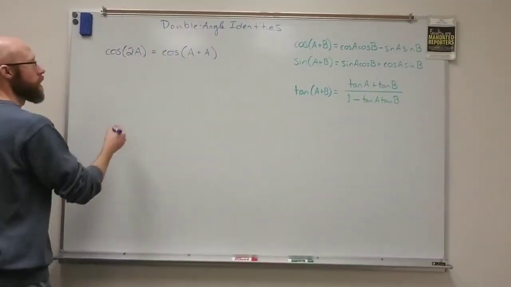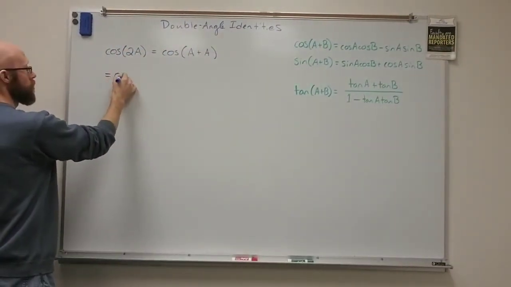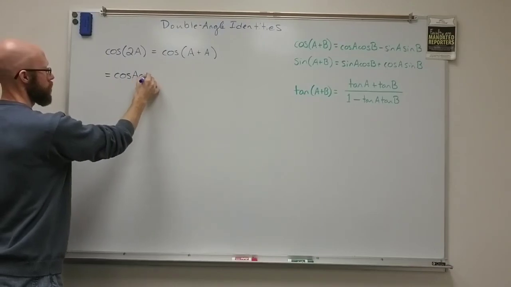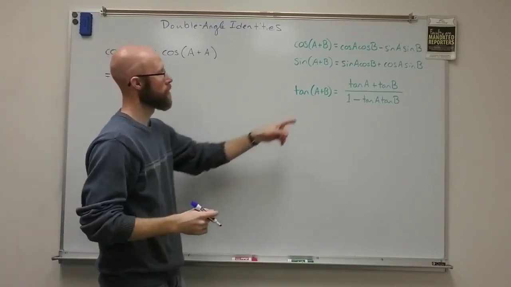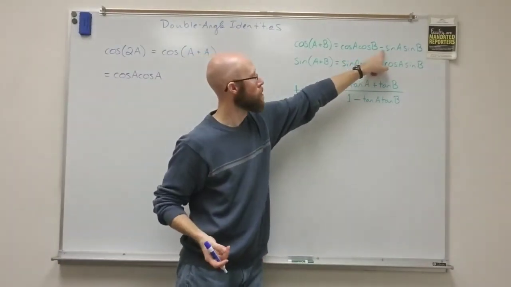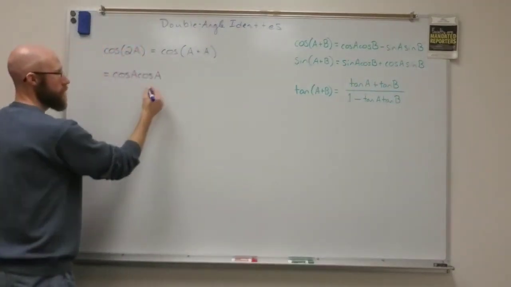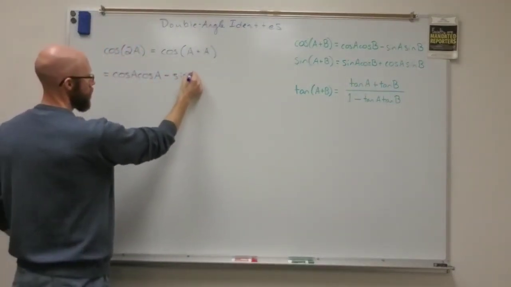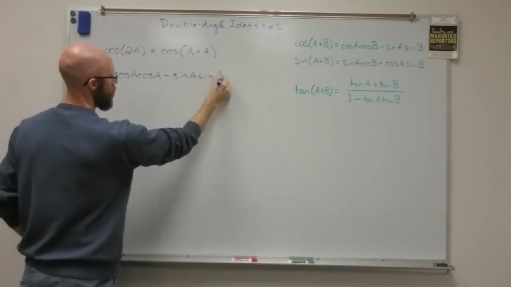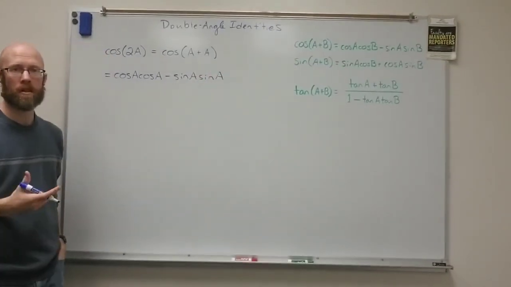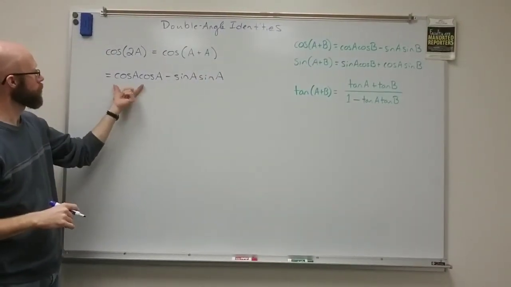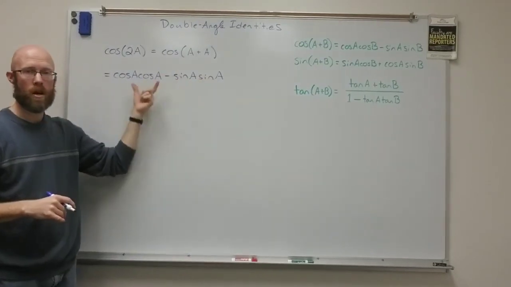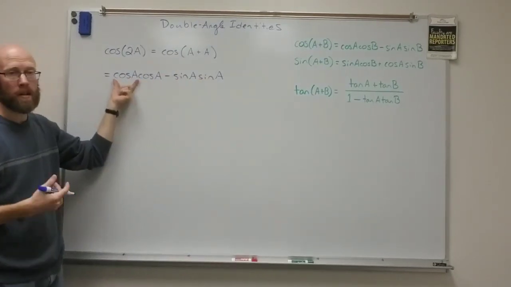Not too bad. To do that, we end up with the cosine of a times the cosine of a, right? This b becomes an a, minus the sine of a times the sine of a. All right, simple enough. Now, when I look at each of these two terms, they have a repeated factor, right?